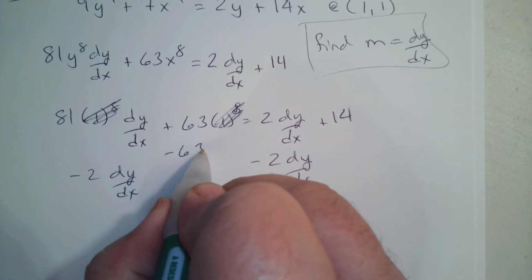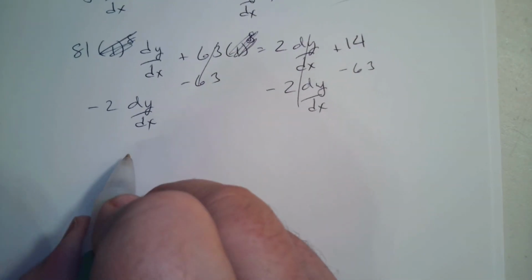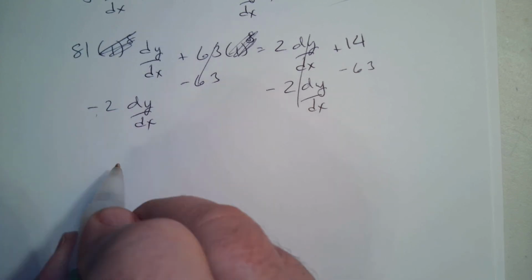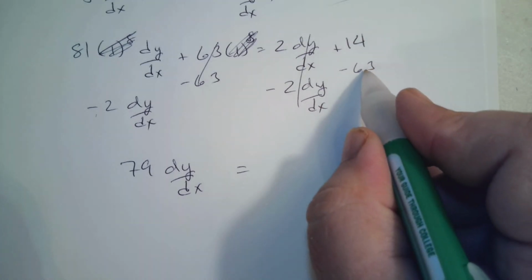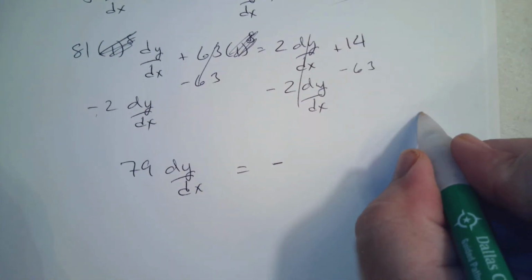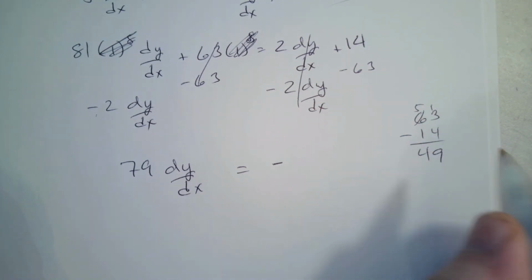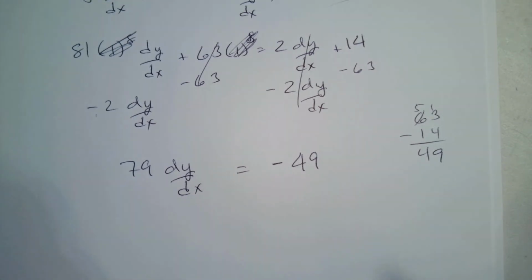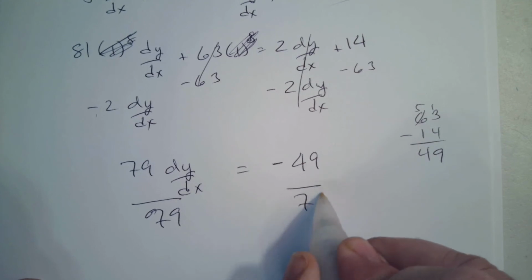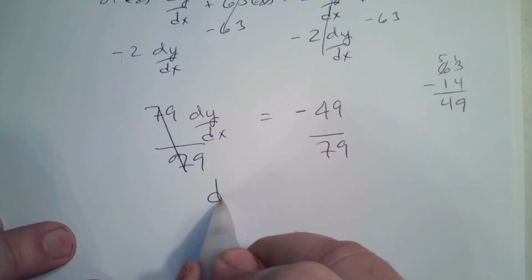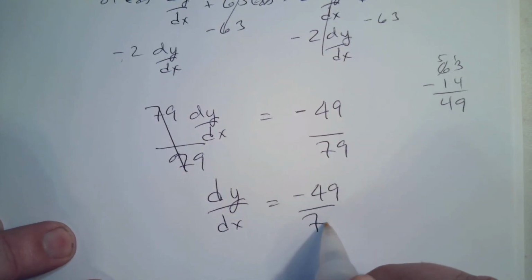And I subtract 63 from both sides. So 81 minus 2 is 79. 63 is bigger, so it's negative. 63 minus 14 is negative 49. Divide both sides by 79. So the slope is negative 49 over 79.